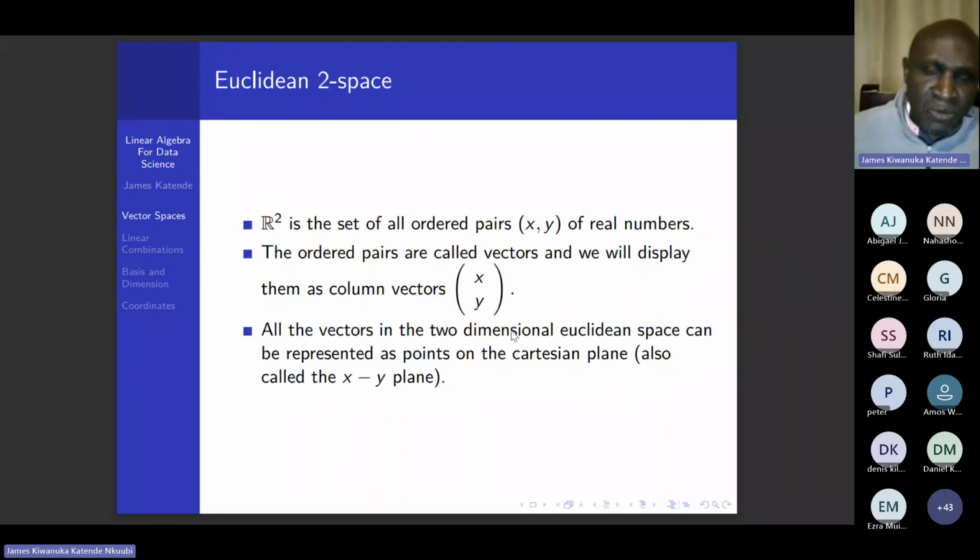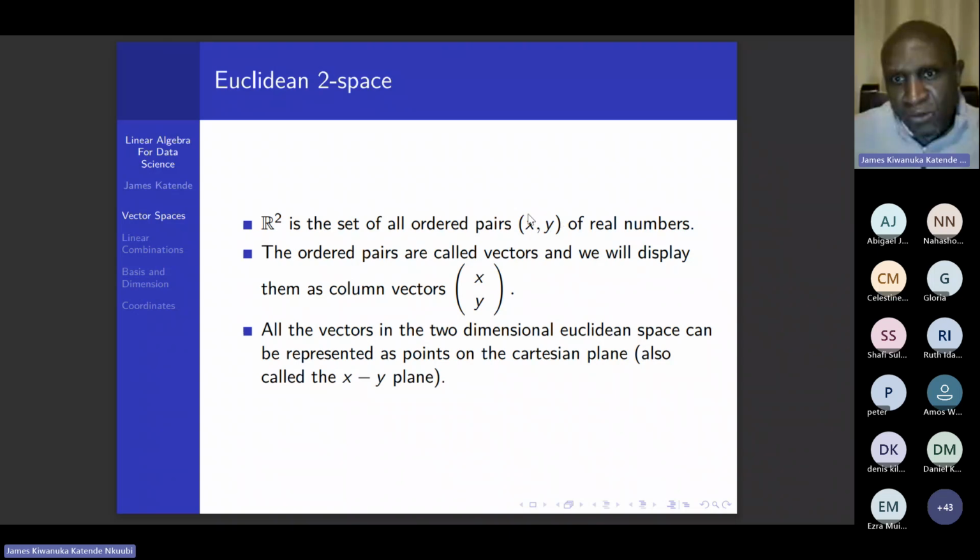So we'll start with the following setup. We talk about this Euclidean 2-space. This is something you're familiar with, the set of all ordered pairs of real numbers, usually denoted by this symbol, R2.